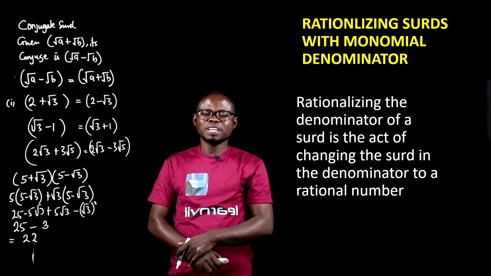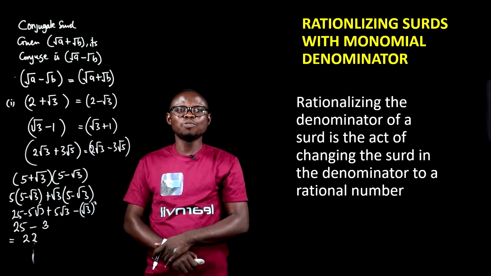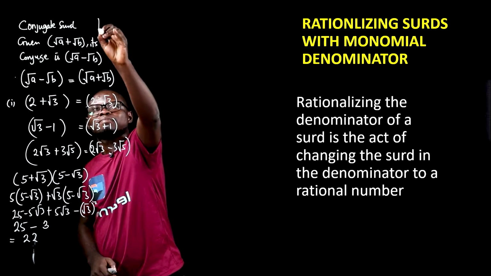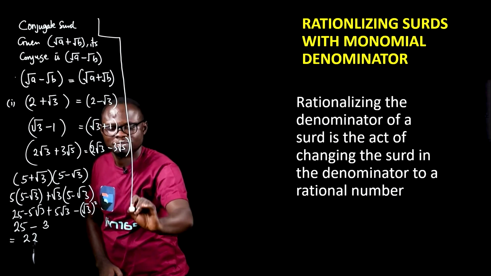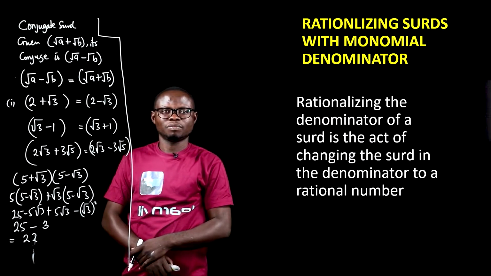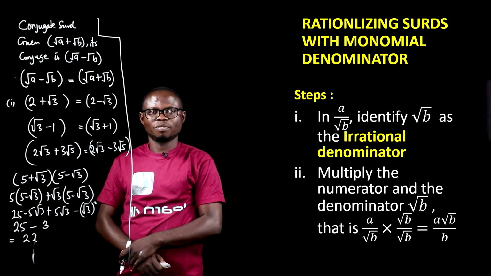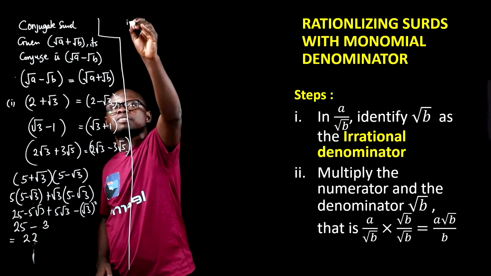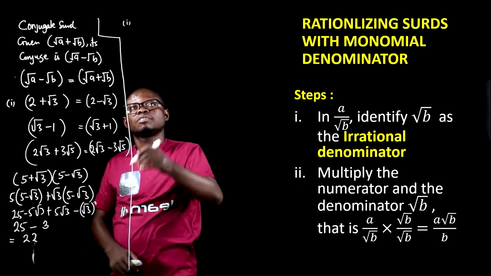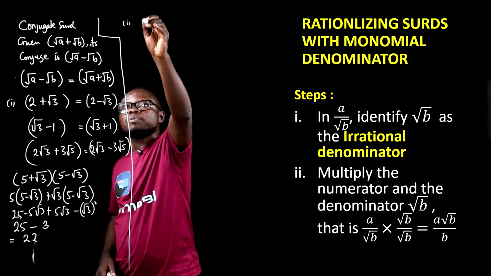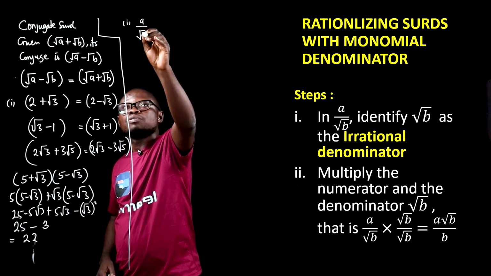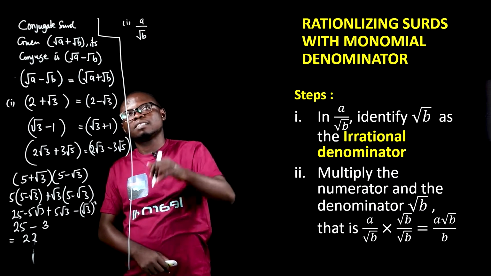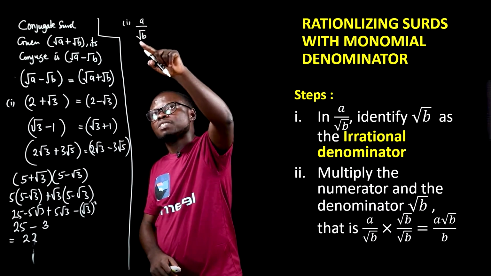Let's look at how to rationalize a surd with a monomial denominator. Let's look at this particular example. If you have a surd, for example, a over root b, one, our interest is on the denominator.